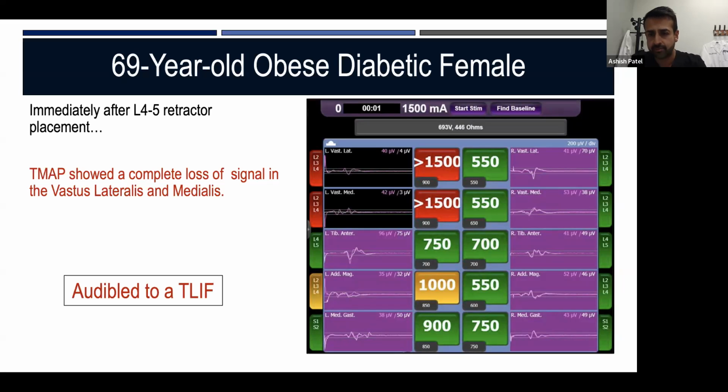So you can see what that read looks like on the TMAP screen. So I closed my retractor down and waited a minute, waited two, ran it again. Signals were still gone. You can see kind of a flat line where those signals are supposed to be.